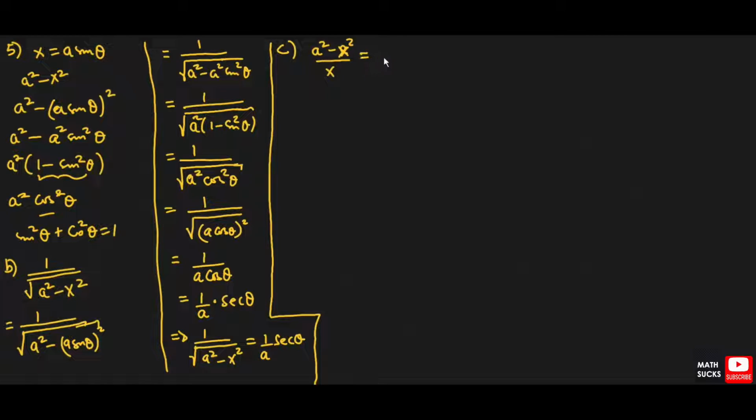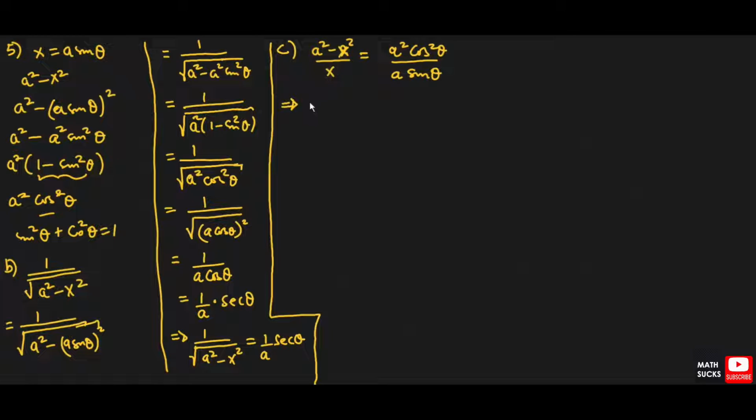But in the normal situation, please just substitute in and continue simplifying. So this is going to give me just a squared cos squared of theta, everything over x, which is a sine of theta. So let's continue.